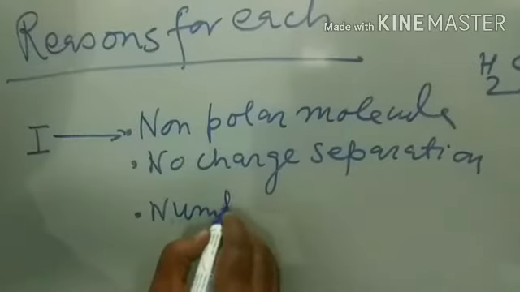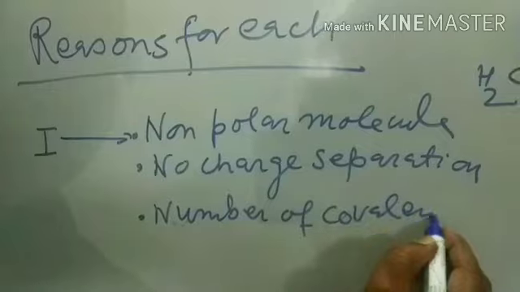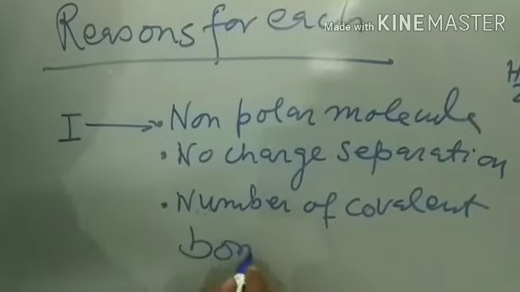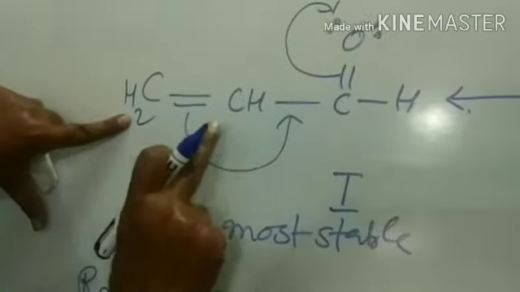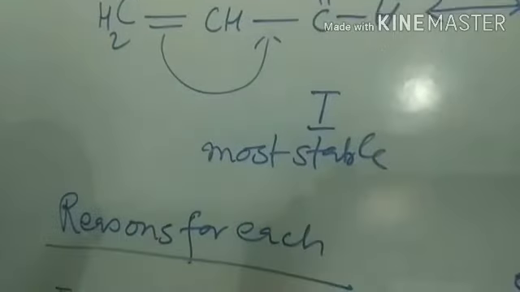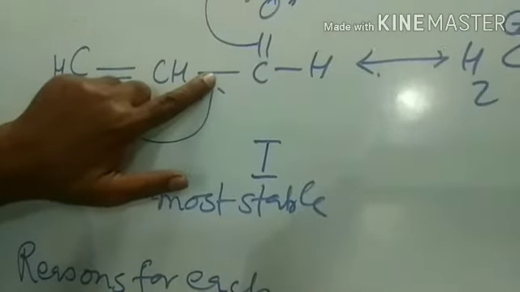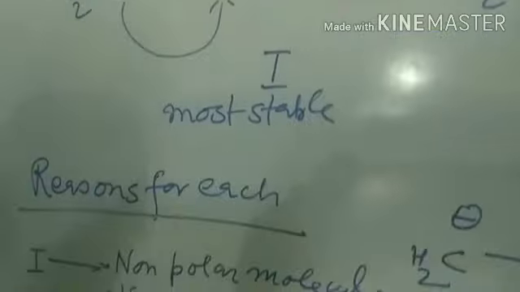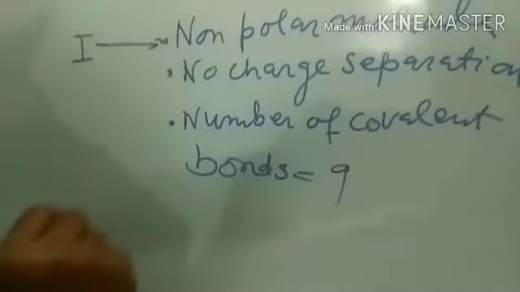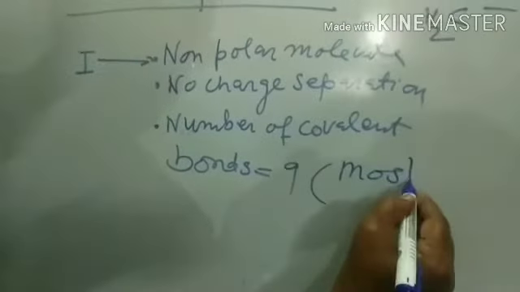Number of covalent bonds equals 2, 4, 5, 6, 8 and 9. We count again: 2, 4, 5, 6, 8 and 9. This is 9. So you write also most stable.